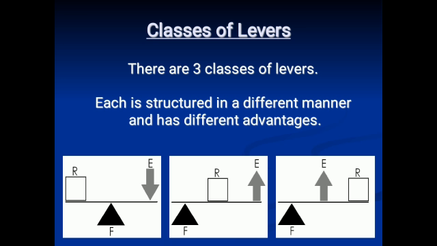And class 3 lever, we have resistance at the opposite end, effort comes in the middle here, and fulcrum at one corner. So class 1 and class 3 levers we don't come across intraorally. What we come across is a class 2 lever.